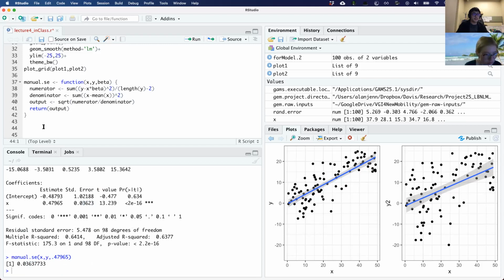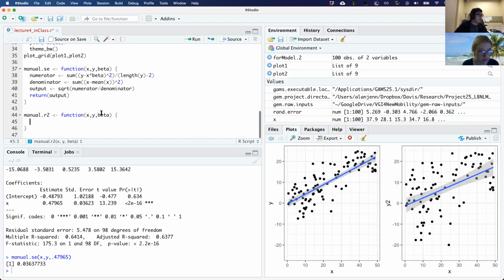Okay, and the second thing that we wanted to look at was the manual R squared. So x, y, beta. And the R squared, again, as a reminder, is equal to 1 minus the sum of y minus y hat squared for all i's divided by the sum of yi minus the mean of y squared.